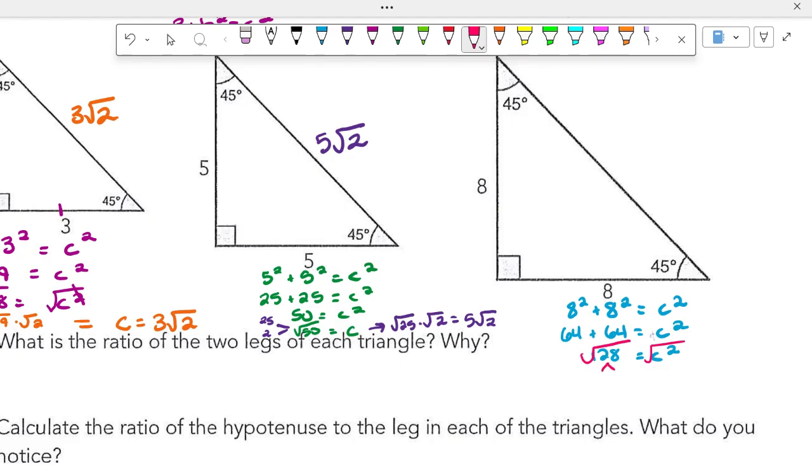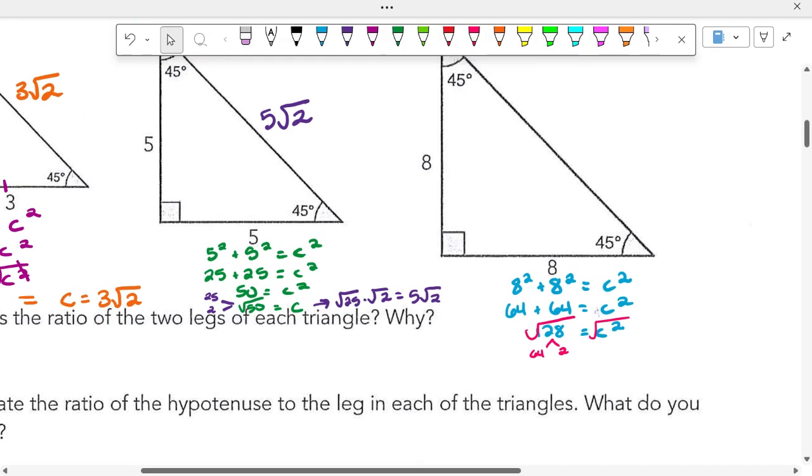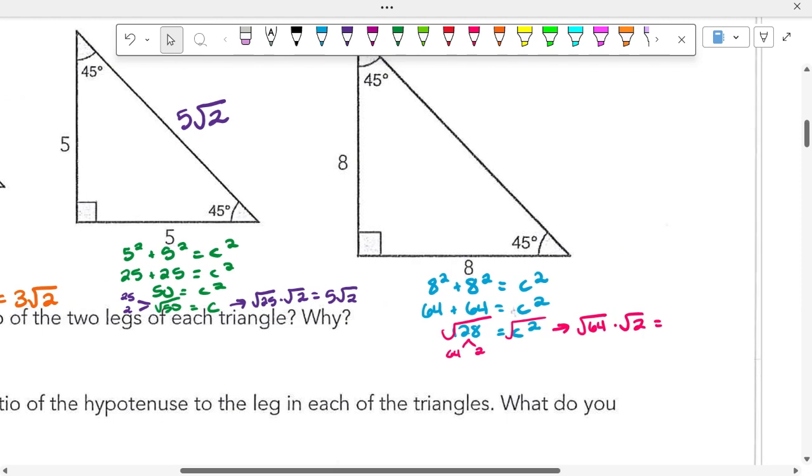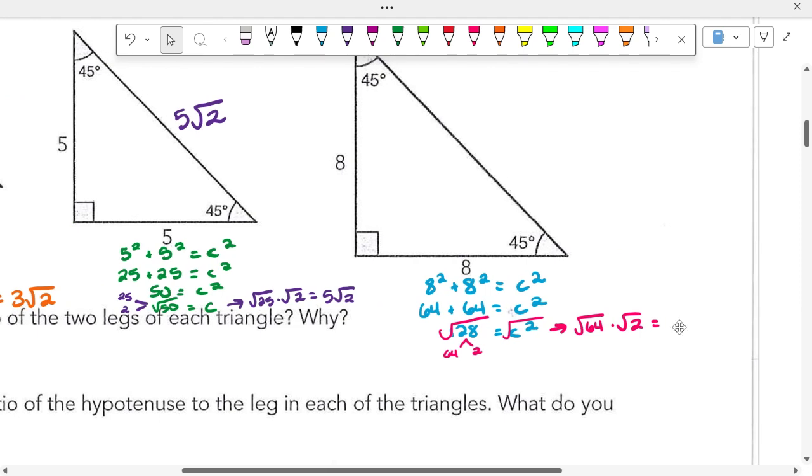Well, what's the highest perfect square that goes into 128? I'll give you a hint. It's a number that we've already used in this problem. 64. 64 times 2. So this would be square root of 64 times square root of 2. So what's c equal to? 8 square root 2.